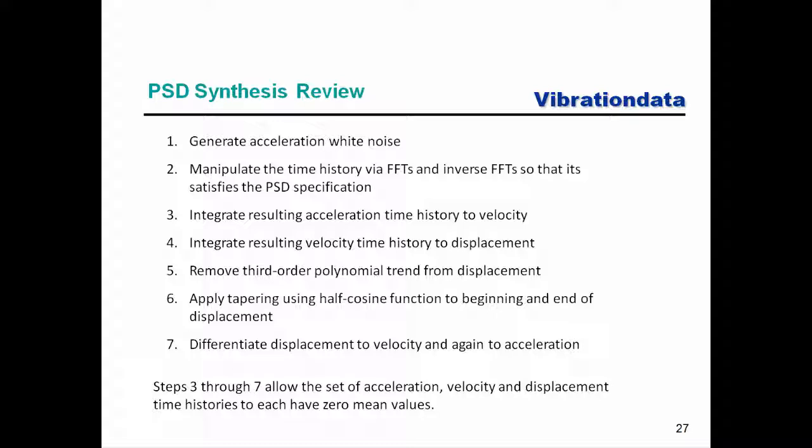That works out pretty good. I also do a couple of other steps to clean it up. I apply a tapering using a half cosine function to the beginning and end of the displacement, just for a fraction of a second. There are some reasons for doing that, particularly because we're going to have to go through the differentiation steps. It helps clean up the differentiation.